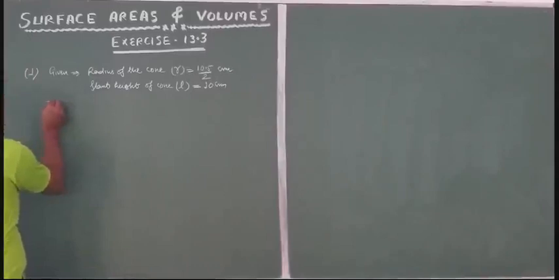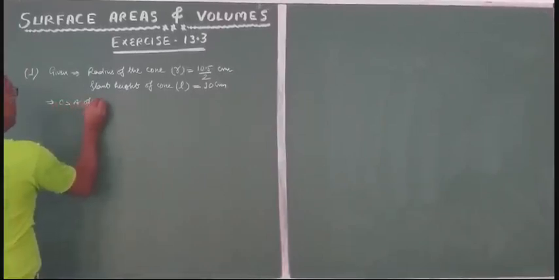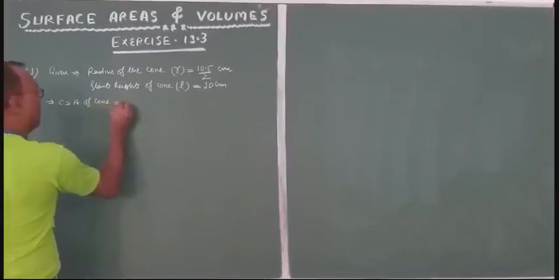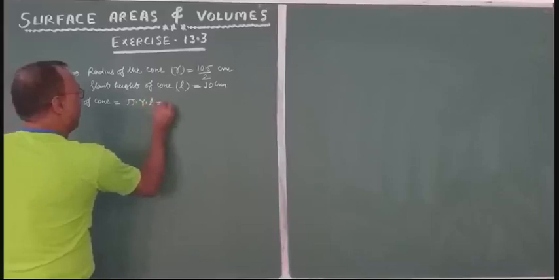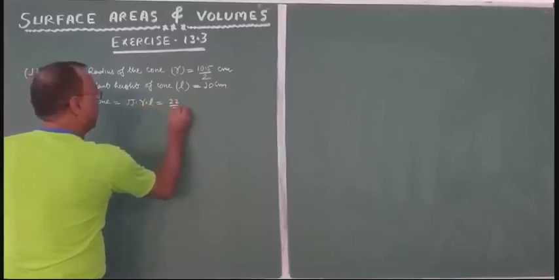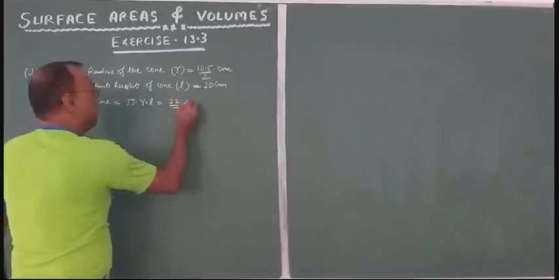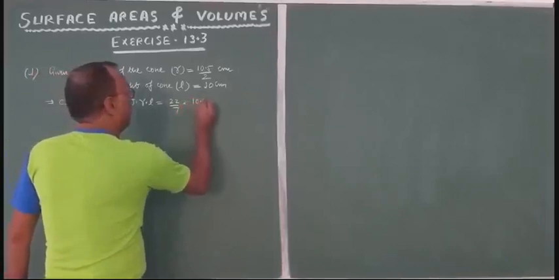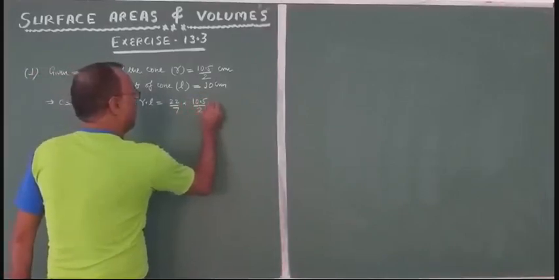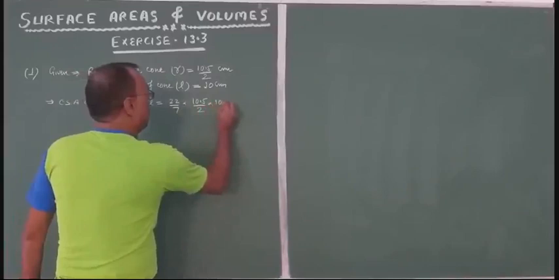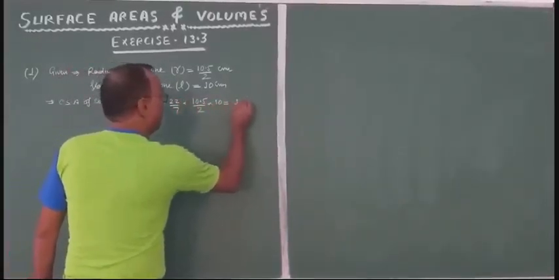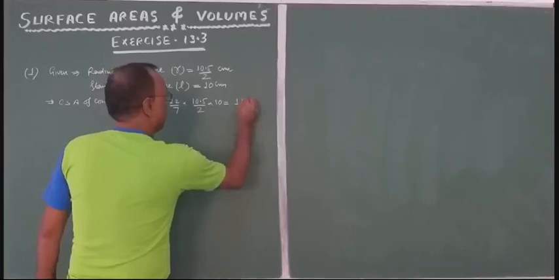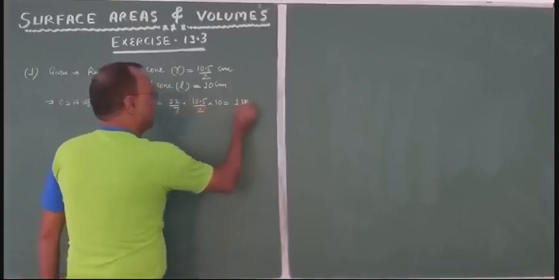Now CSA of cone is given by pi into R into L. Pi is given 22 upon 7, radius is 10.5 upon 2 into 10. So this will become 2 into 11 into 7 into this.